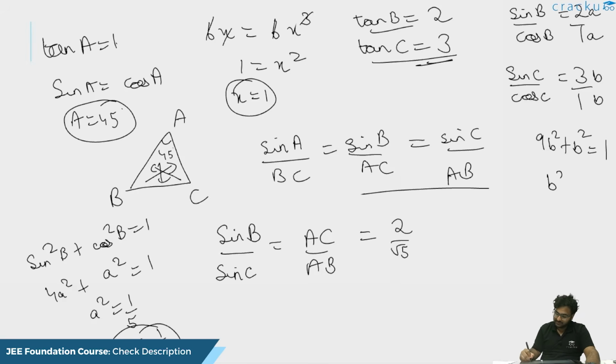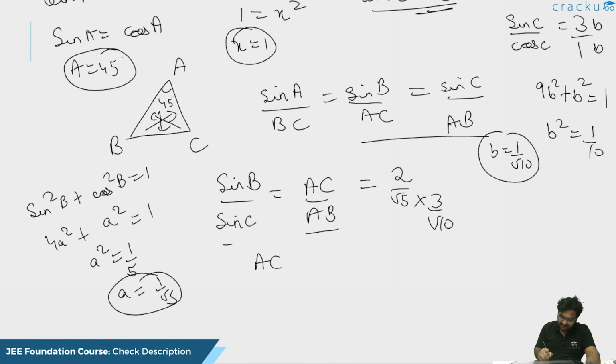So we get b square is equal to 1 by 10, or b is equal to 1 by root 10. So sin C would be 3 by root 10. So into 3 by root 10.